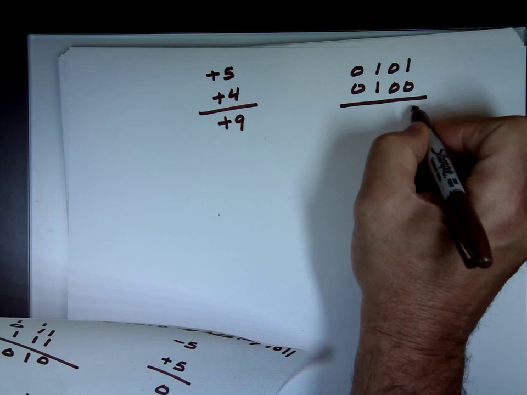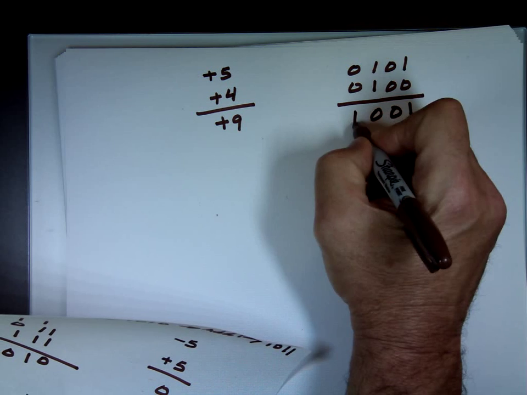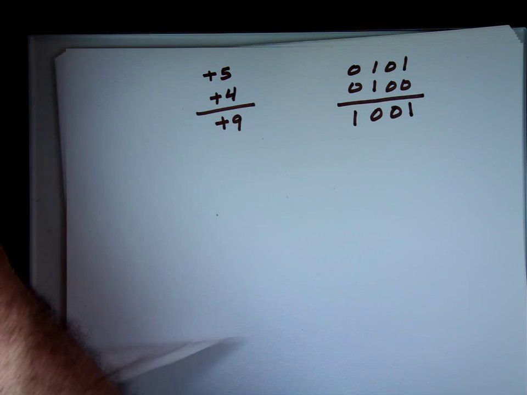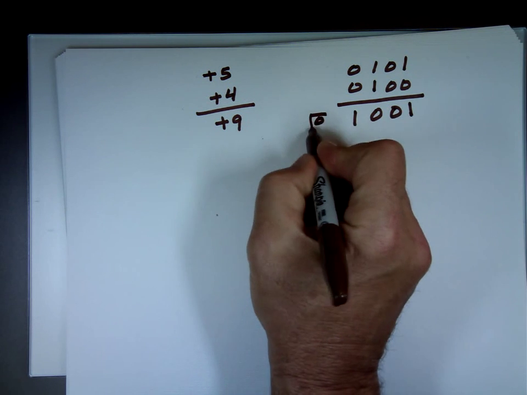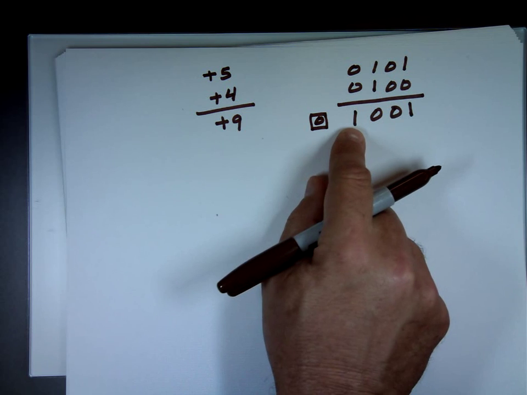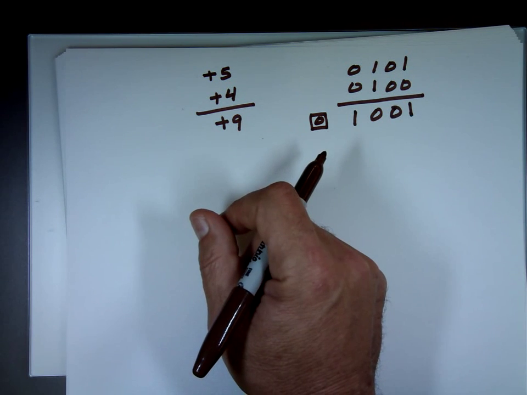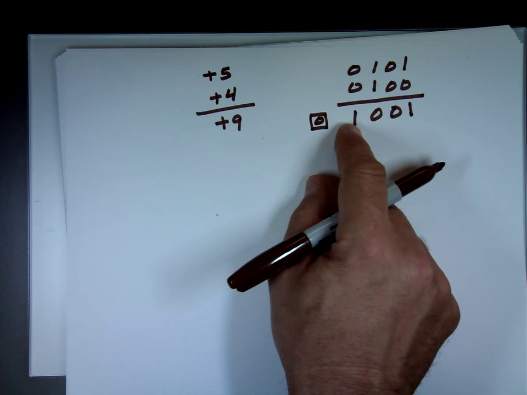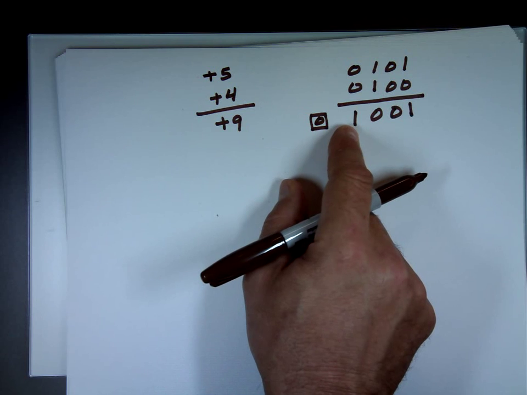The sum is 1, 0, 0, 1, carry 0. What's the overflow? There's nothing in the overflow. There's no overflow. But looking at that number, the 1 here, it looks like a negative number. All these negative numbers will have a 1 in the leading place. So that looks like a negative number to me.